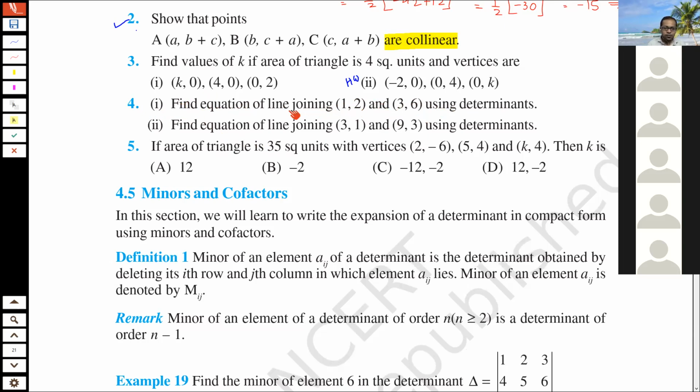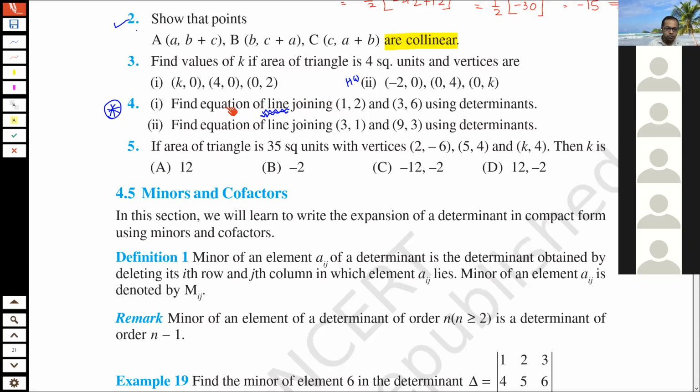Okay, so first of all, mark this question as important. First of all, the word line is mentioned. So line is mentioned, it means area of triangle will be 0. Okay, and we need to find equation of a line.